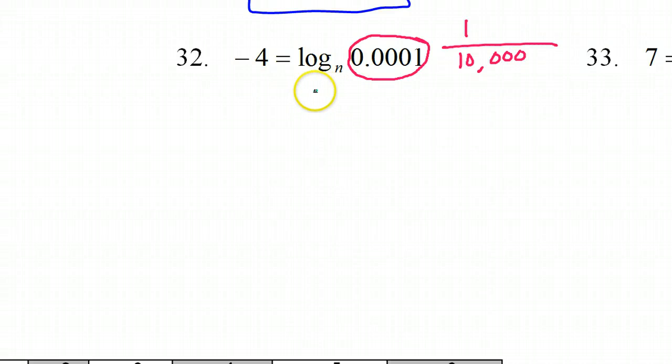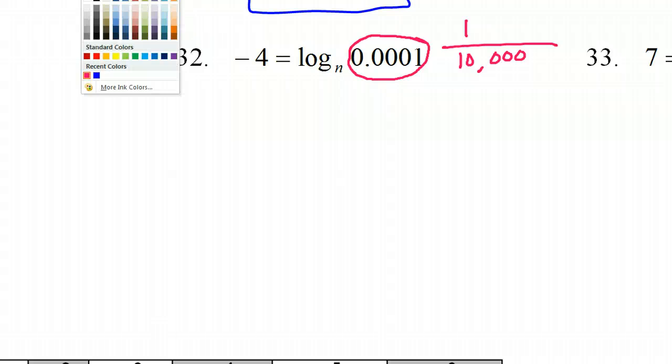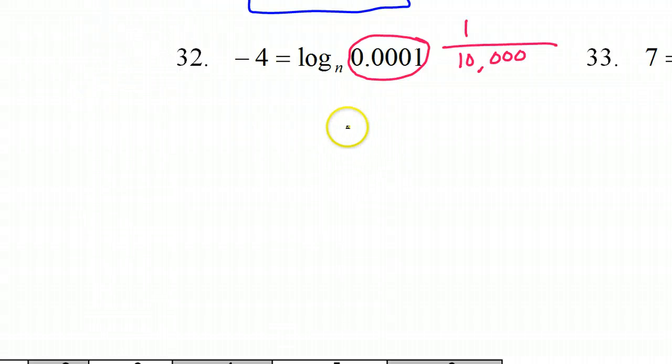So, let's do it though. So what we're going to do is start with the base. The base is n, bring that down. So there's my base. Now these two things need to switch places. So this -4 is going to come over here and become the power.